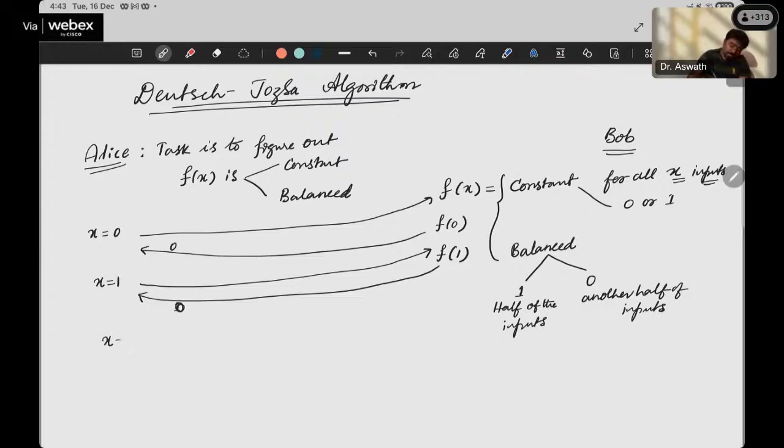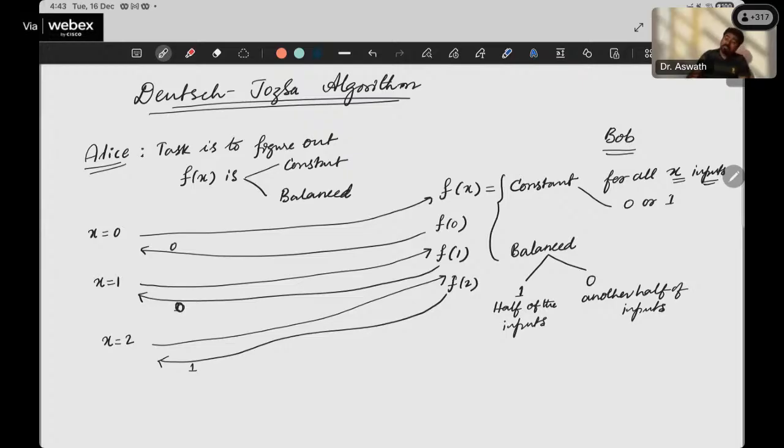Let's say she sends another value to Bob. Bob calculates f of 2 and sends it back to Alice. If the second time is not lucky but the third time she gets back 1, she can now claim it's a balanced function.